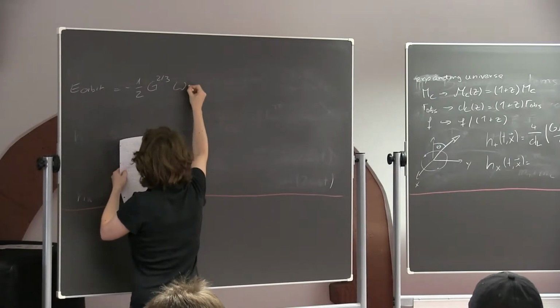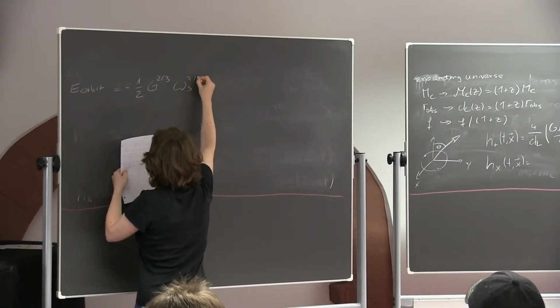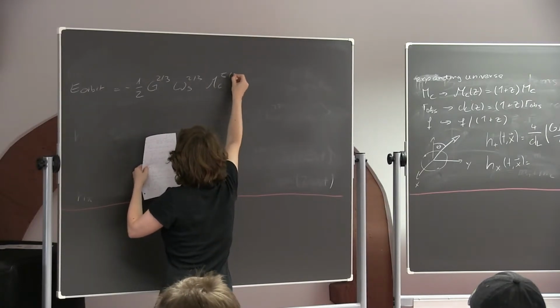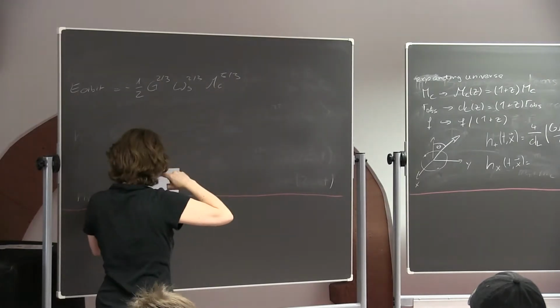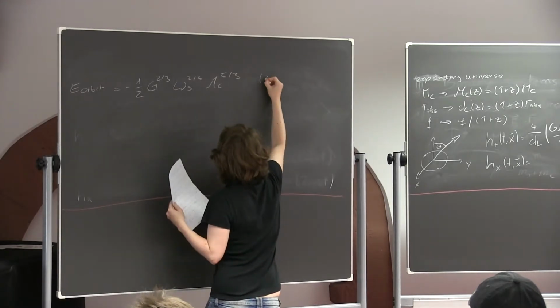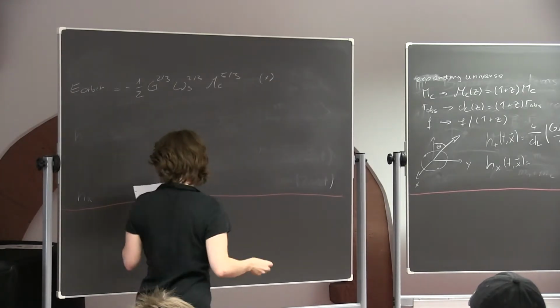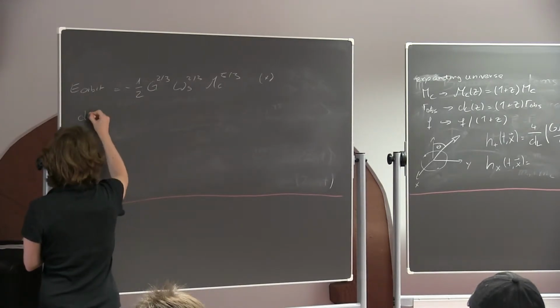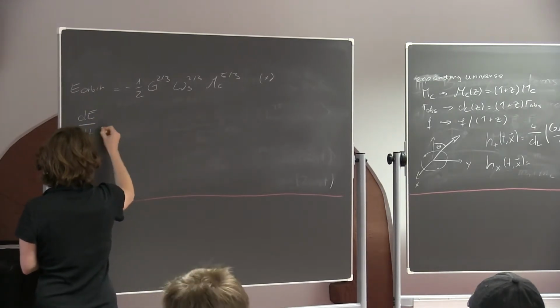2/3, 2/3, 5/3. You need this in a second. So now if we compute the energy loss per time, we can do this in two ways.